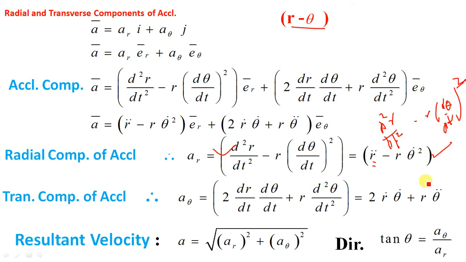You have to remember this formula. Now A theta is equal to twice r dot theta dot plus r theta double dot. Double dot means double derivative. Once Ar and A theta are known, you can find the total acceleration. A is equal to under root of Ar square plus A theta square, and the direction of acceleration is tan theta equal to A theta upon Ar.